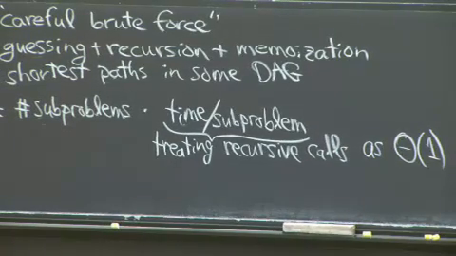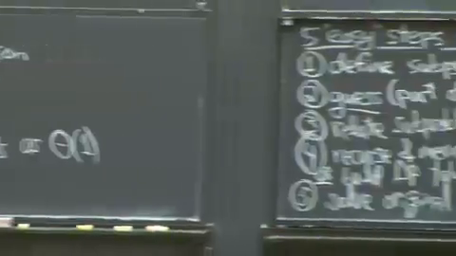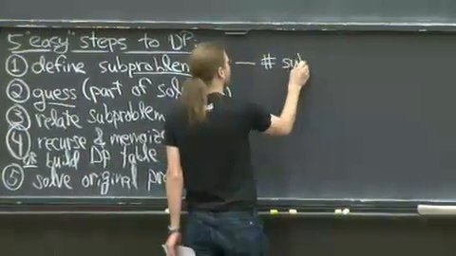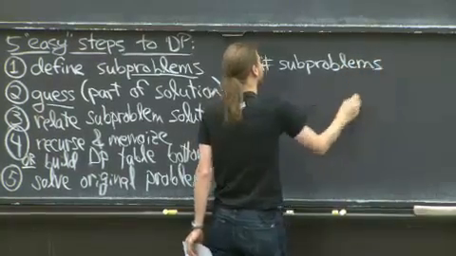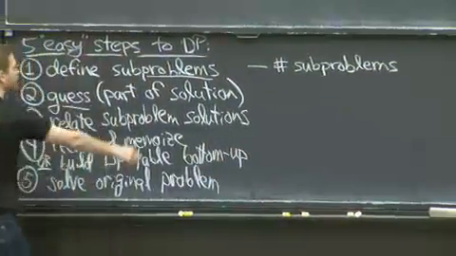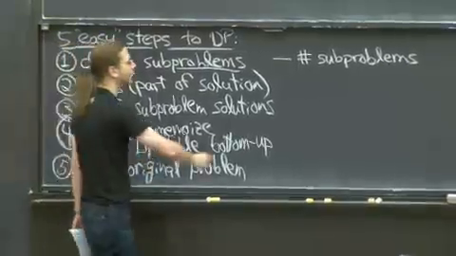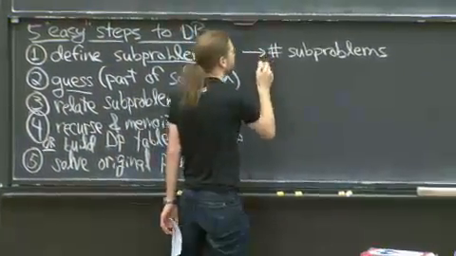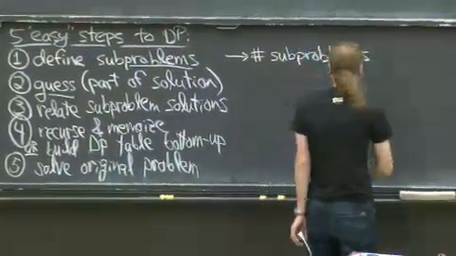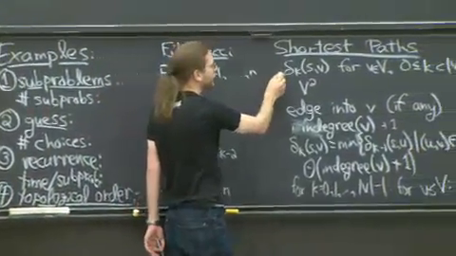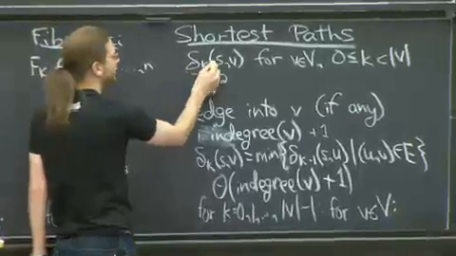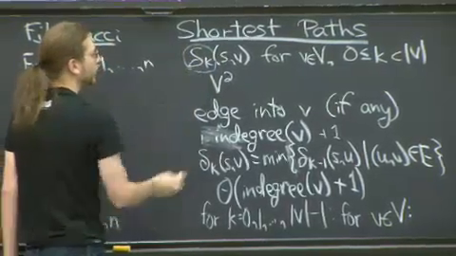And in general, because of this formula, we want to count how many subproblems there are. The number of subproblems is sort of what we need to do algorithmically, and then for analysis, we want to count the number of subproblems for step 1. For Fibonacci, there were n of them. For shortest paths, we defined delta sub k of S,V.